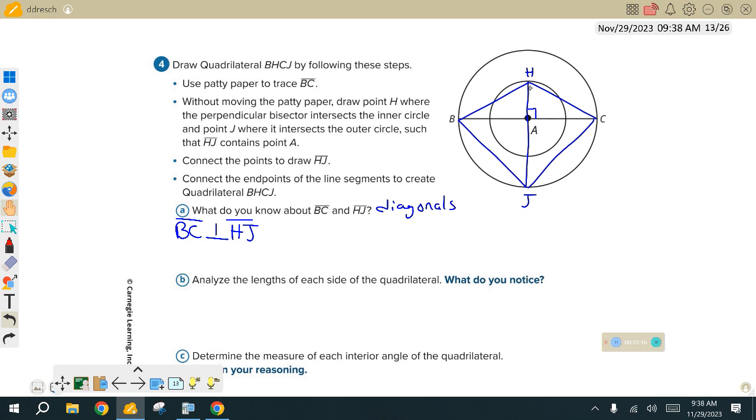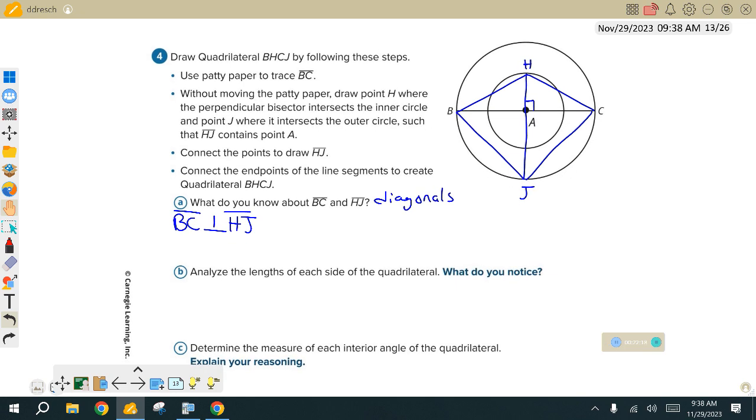You can see that HJ is the diameter of this big circle right through that center. But I'm not going to mark up that they're bisecting each other, because the one's only bisecting the other. That's all we can really say. After that, that's all we've got to say about the diagonals: they're perpendicular to one another. That's it for a kite.